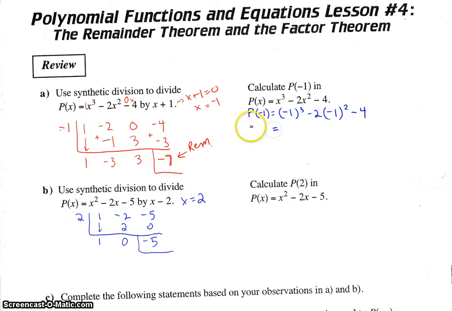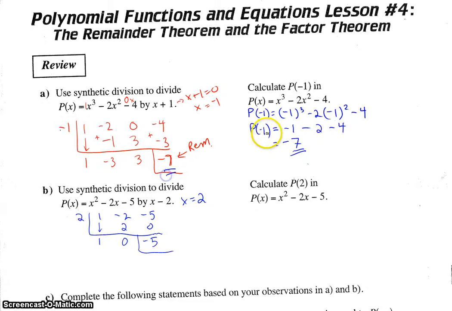So work out what that would be. -1 cubed is -1. Minus 2 times 1, because you square -1, it would just be 1. And then when we add all these together, they're all negative, so they add together to get -7.